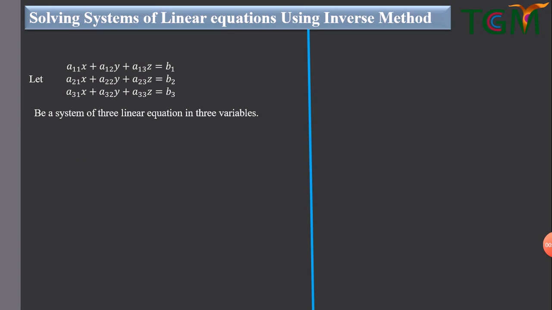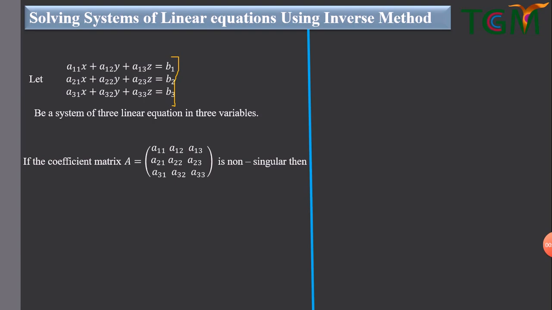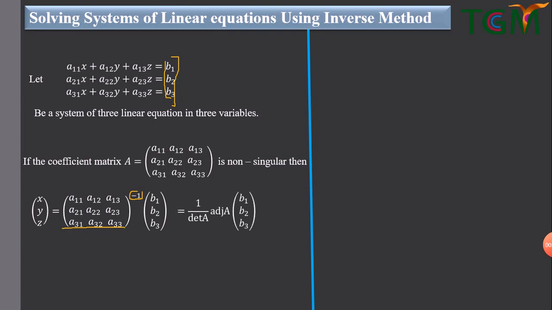Let this be a system of 3 linear equations in 3 variables, and if the coefficient matrix A is non-singular, then x, y, z is equal to the inverse of this matrix, that's why we have a negative 1 here, multiplied by b1, b2, b3, the results here.